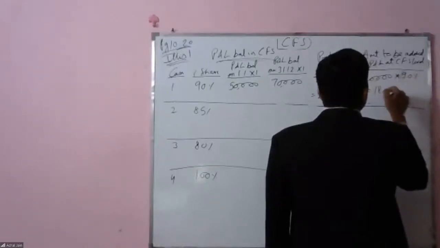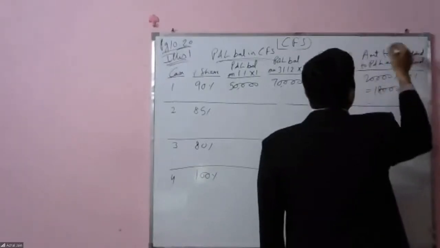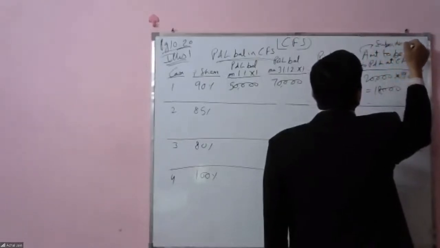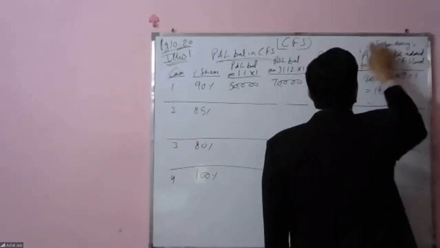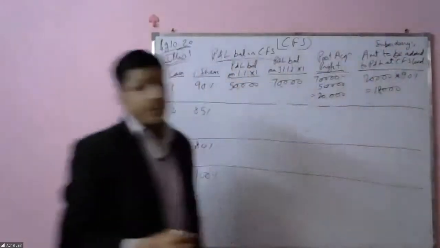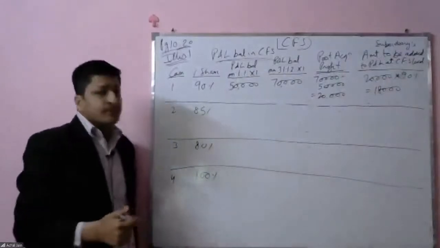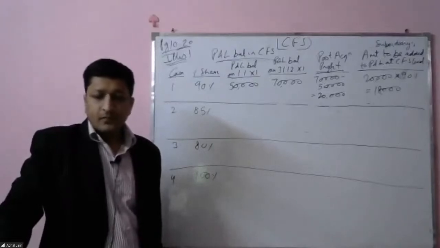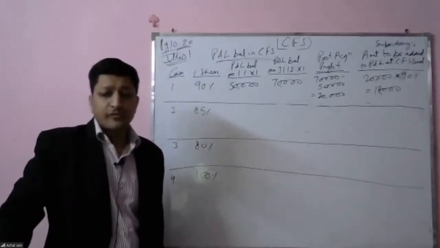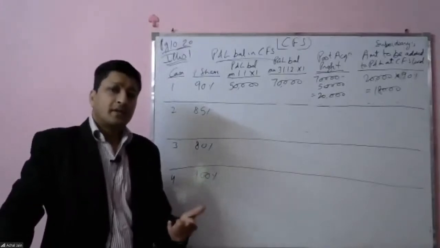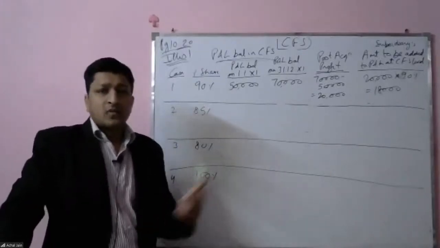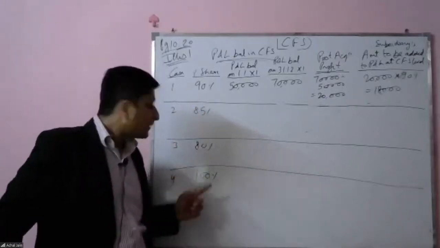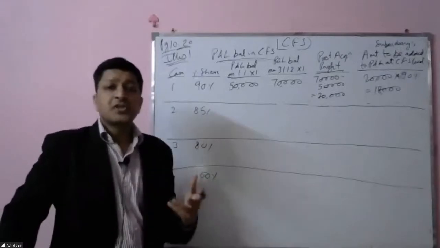So this will be 18,000. Or we can say this amount is the parent's portion. Nakul is asking, sir, what is parent's portion of equity? Means the share of the parent in equity. What is the share of parent? 90 over here, it's 85, over here it's 80, over here it's 100%. Means what's the shareholding of parent?